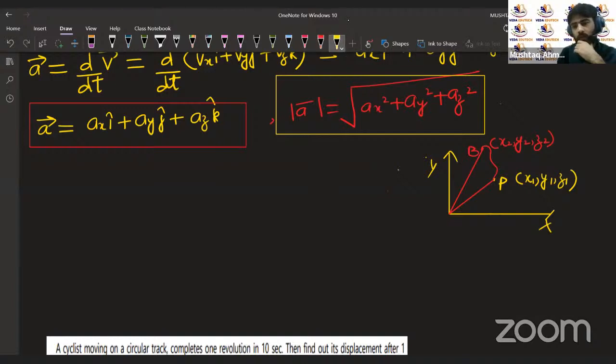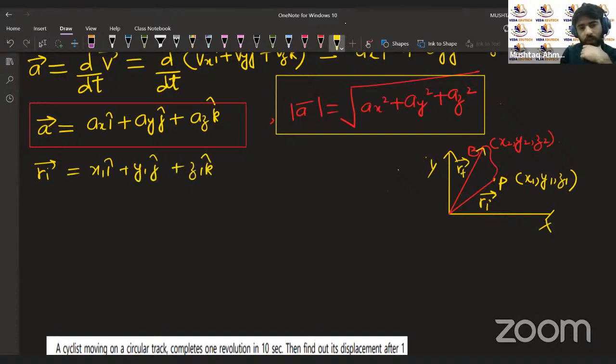That means this is our RF vector and this is our RI vector, the initial position vector. We can write the RI vector as x1 i cap plus y1 j cap plus z1 k cap, and we can also write this final position vector as x2 i cap plus y2 j cap plus z2 k cap.